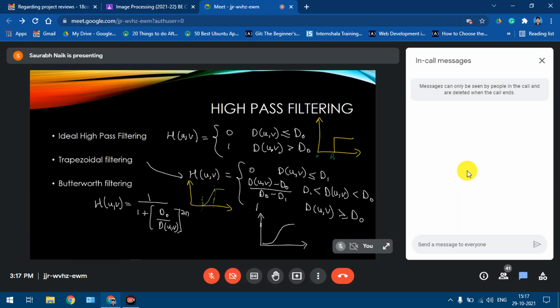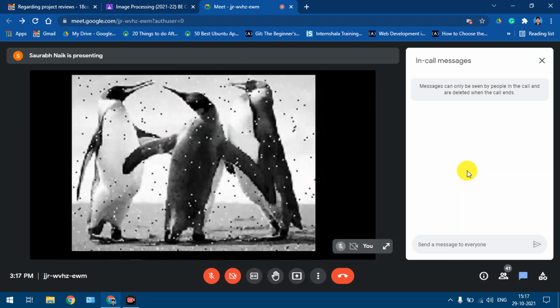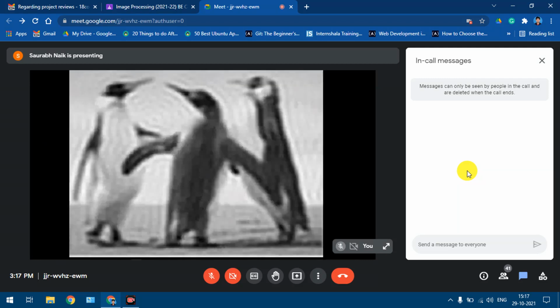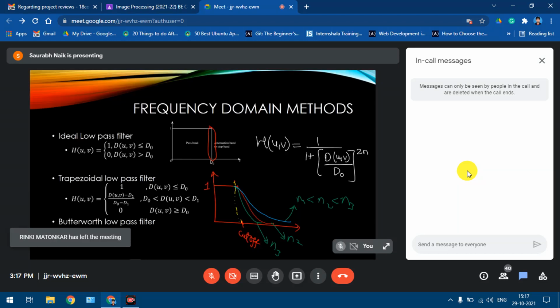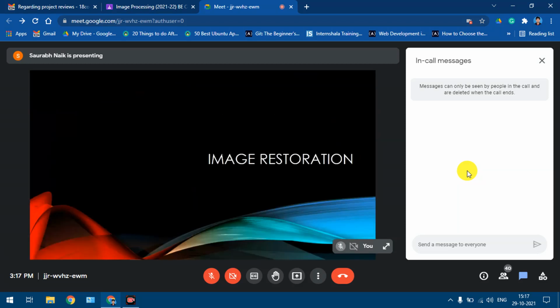So again the same problem arises as with ideal low pass filters, that is the ringing effect, those lines that are shown here. When I apply ideal filters, either low pass or high pass, we have these lines coming up which make the object look like it is ringing. That is why it is termed the ringing effect. You can just Google about ringing effect with filters, and you will get the exact reason why that comes.